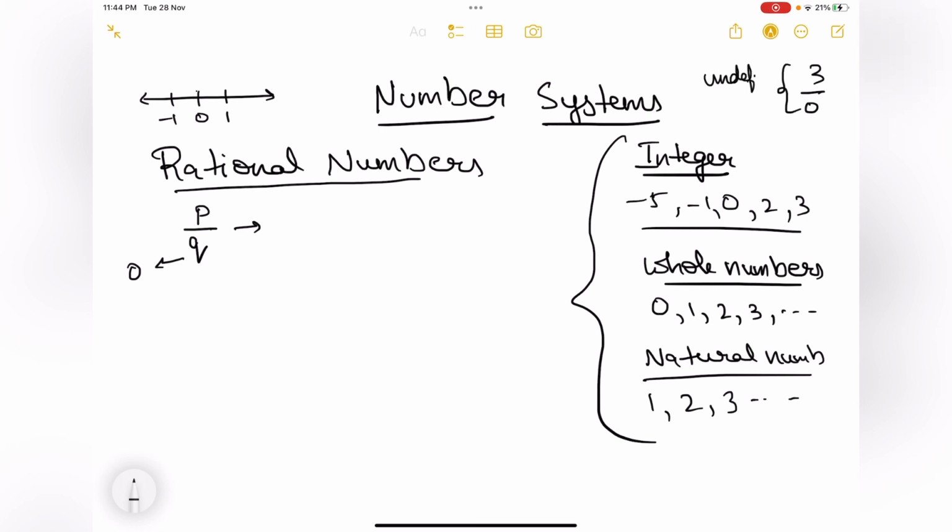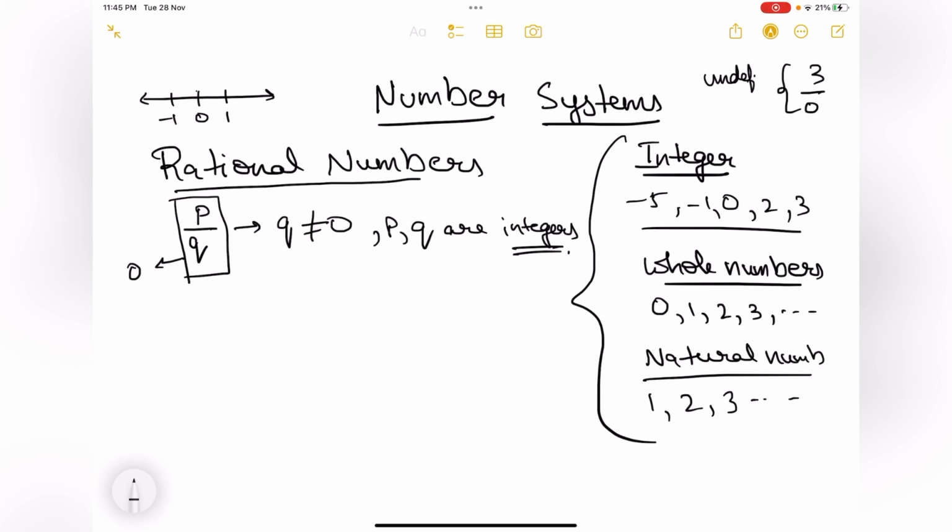That is the reason rational numbers are numbers that can be represented in the form of p by q, where q is not equal to 0, and p, q are integers, right? This is the first concept that you need to understand about rational numbers.